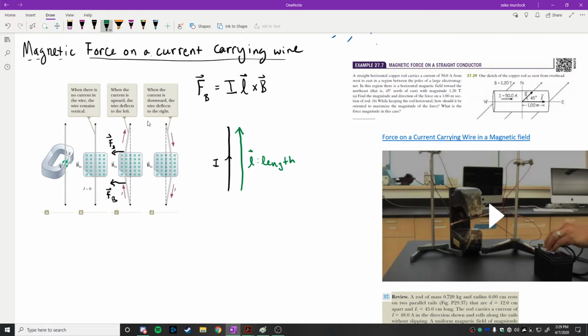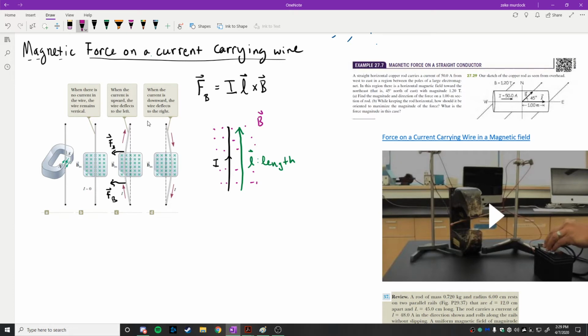The direction of this is in the same direction as the current. Then if I have a magnetic field, let's say our magnetic field is coming out towards you, so there's the magnetic field B.